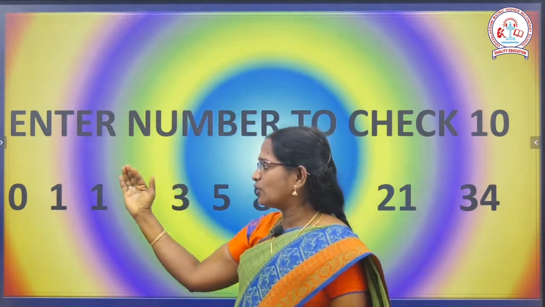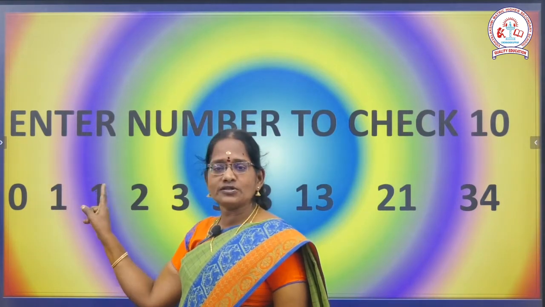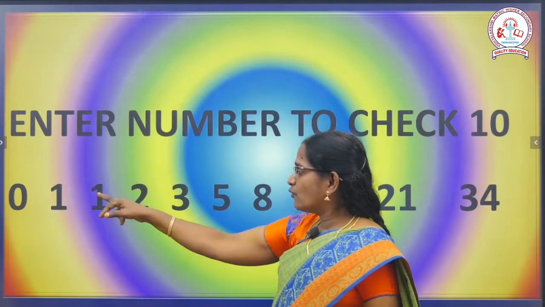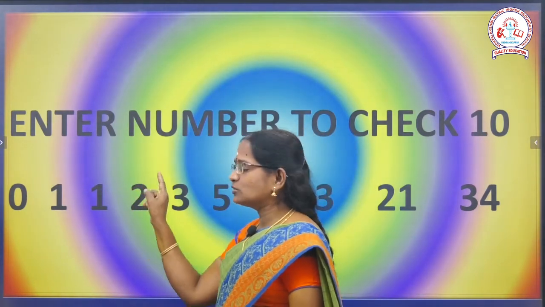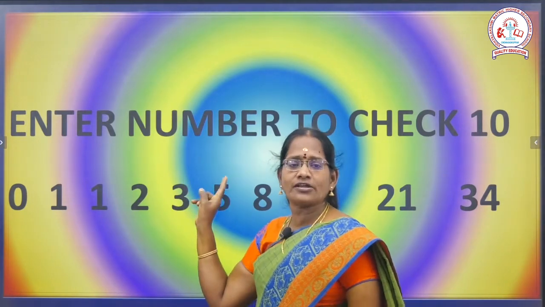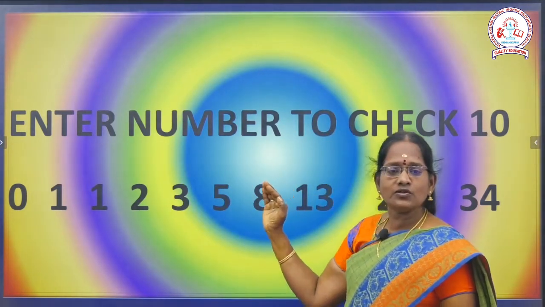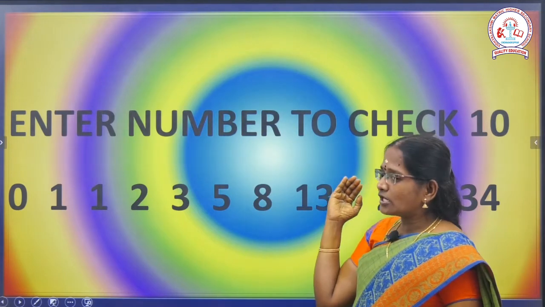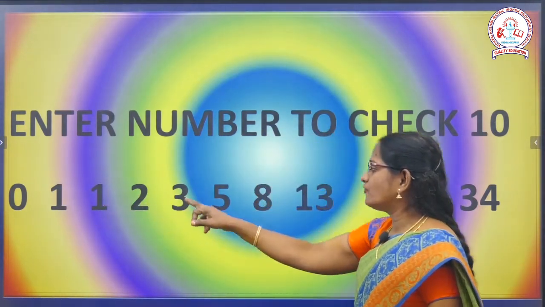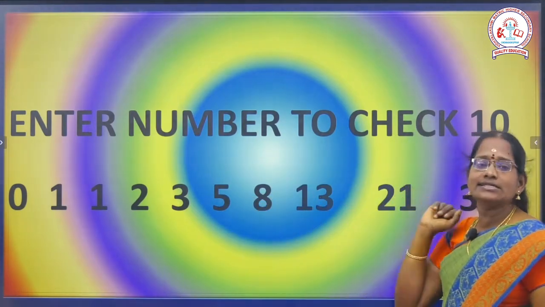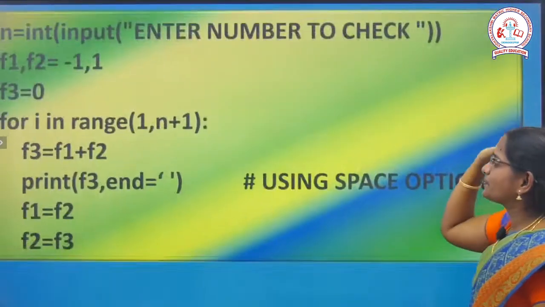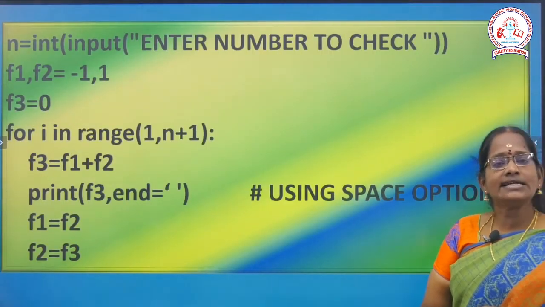So like that it will go on. 0 plus 1 produces 1, again 1 plus 1 produces 2, again swapping the numbers, it produces 3, again 2 and 3 produce 5, again 5 and 8 produce 13. Like that it will go on, up to 10 terms: 1, 2, 3, 4, 5, 6, 7, 8, 9, 10. This program is executed for 10 terms.